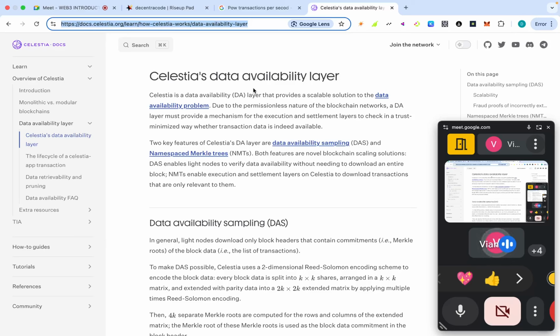It gets all these transactions, processes them, then generates a Merkle root hash. It generates hashes for all the transactions, and the root of that Merkle tree is what is stored on Ethereum instead, rather than all this transaction data. So this transaction data is instead saved on Celestia, and then just the Merkle root hash is what is saved on Ethereum.